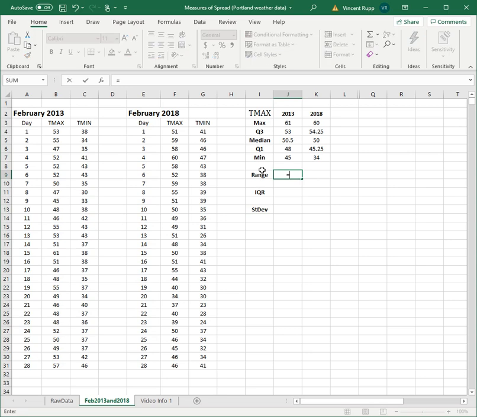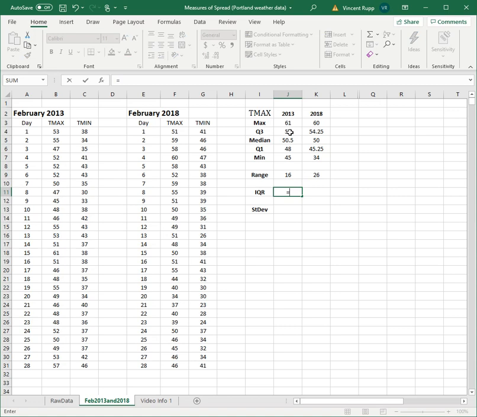To calculate that, just do max minus min, 16, which makes sense. The distance from 45 to 61 is 16 degrees. Similar here, the way I set this up, I can copy and paste that over, 26 degrees. So it looks like these values are more spread out than these values, by which I mean Tmax for February 2018 is more spread out than Tmax for 2013.